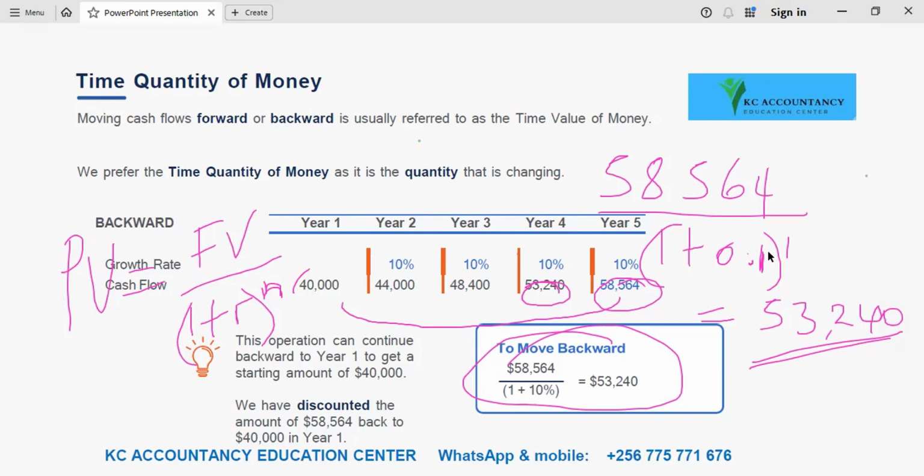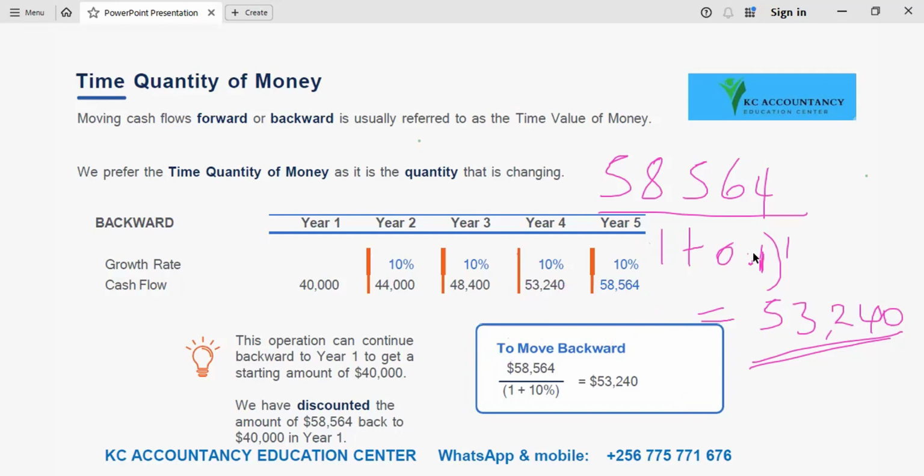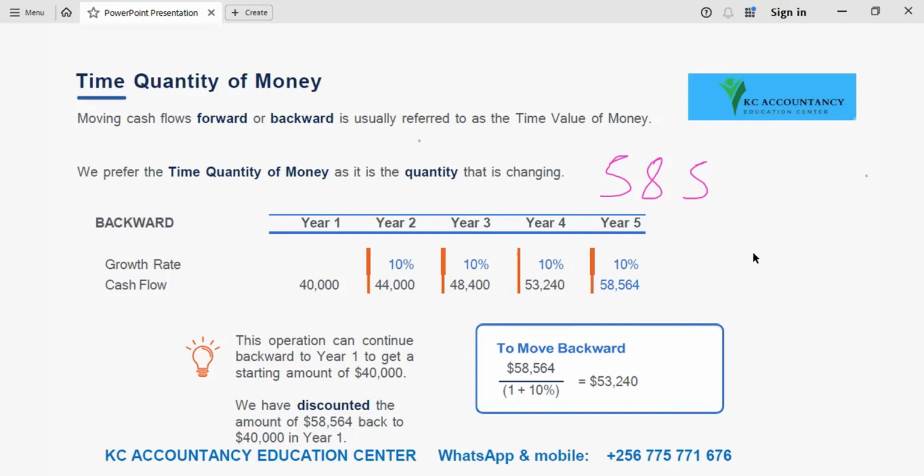If we continue this process backwards, since these rates are not going to change, we are always going to be dividing by 1 plus 10%. We move 1 year, 1 year, 1 year until we finalize everything, because these cash flows also come in year by year.